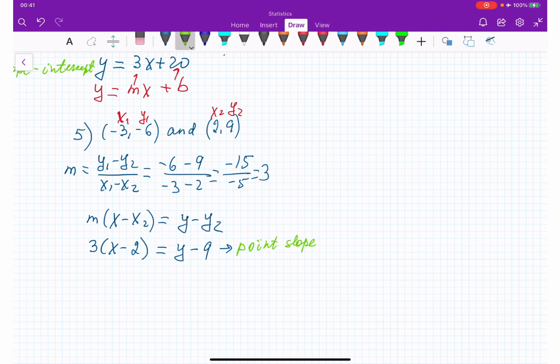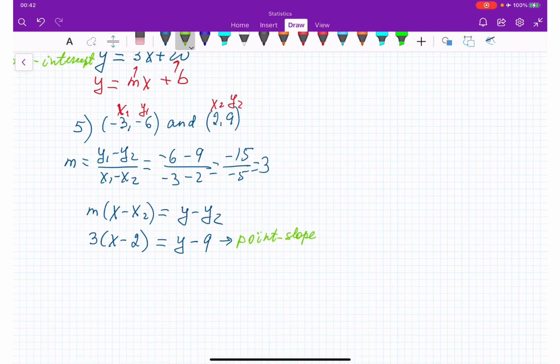Okay, now let's simplify further. 3x minus 6 equals y minus 9.